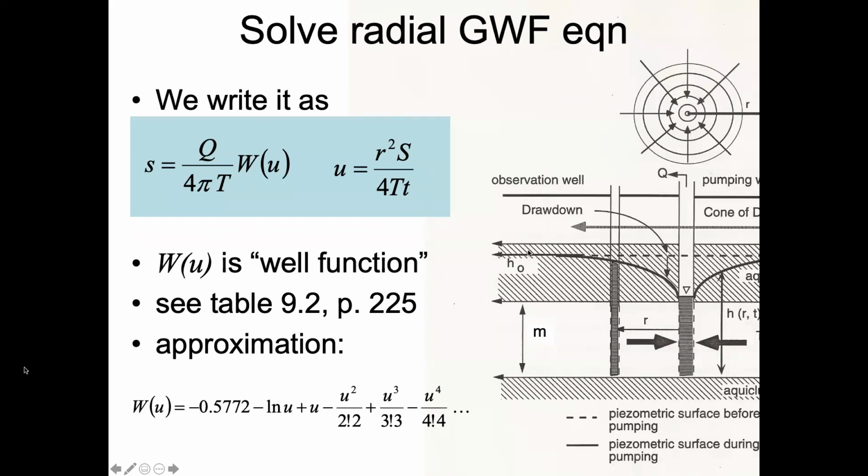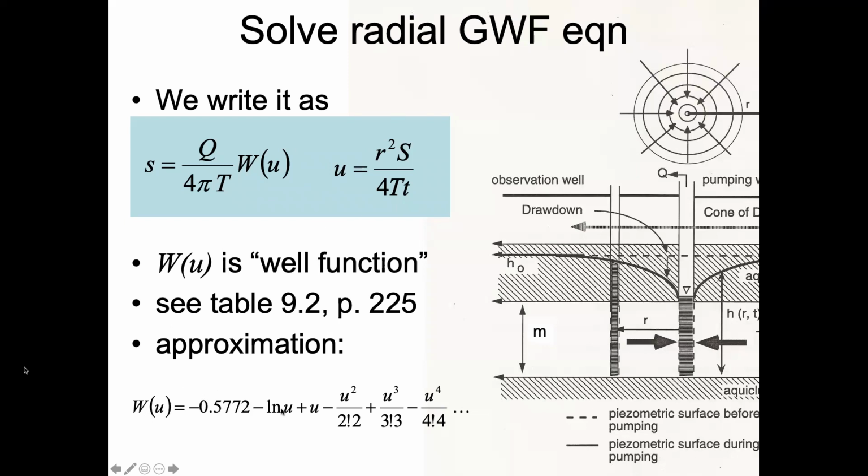And that simplifies this idea of moving out towards infinity in terms of our radius of our system and how it's behaving. And we can say, okay, we're going to use this well function and we're going to solve this well function based on, again, our radius, our storativity, transmissivity, and time. And so you can see here what I mean by that.